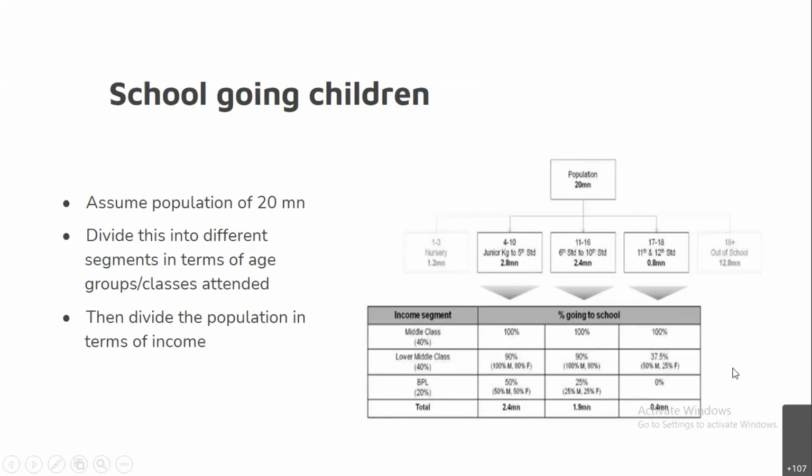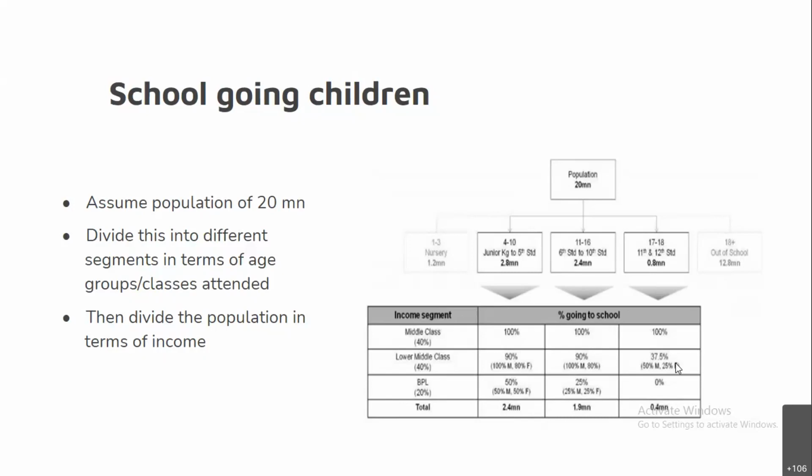Now the higher secondary is where it gets lower, because we've seen even in daily life, many people drop out in 10th and some people drop out in 5th. It's a very rare case, but many people drop out in 10th. They don't really finish all the way till 11th and 12th. So there are people who go, but not everyone goes for 11th and 12th.